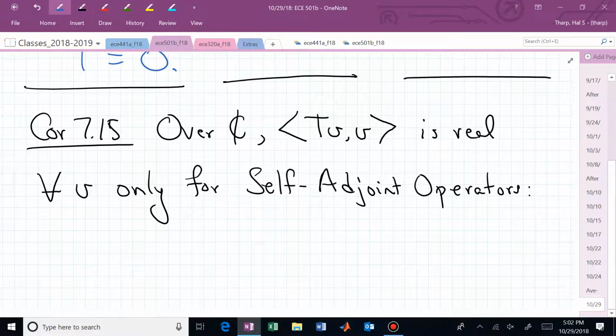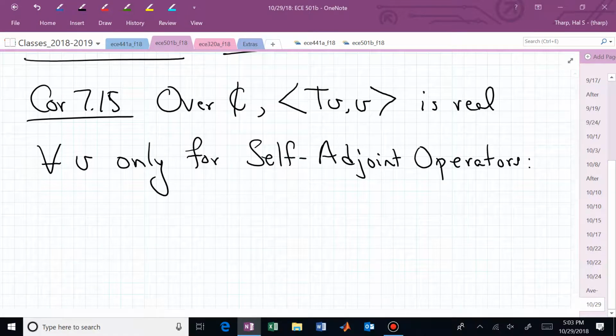That's the label. So if you have an operator and you apply it to any vector in your vector space, and then take that output vector and inner product with V, if the result is real, then that linear operator is actually self-adjoint.